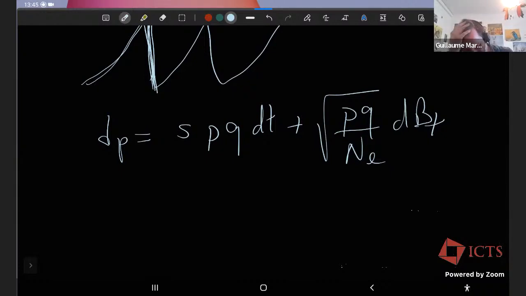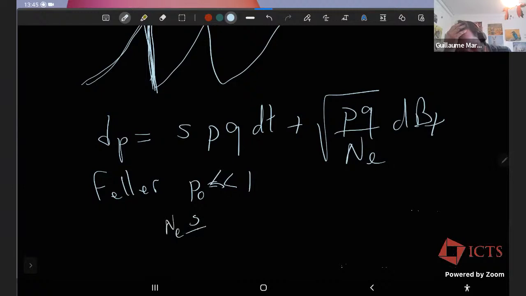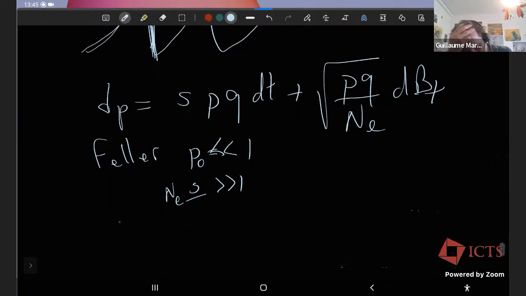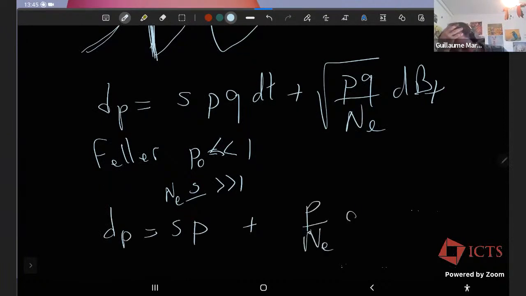And then in the Feller approximation, you are considering a population that starts at a very low frequency, and that has an s large enough that whenever it avoids loss when rare, it will go to fixation with certainty. Then you have approximately dP equals sP dt plus the square root of P over N dB_t.